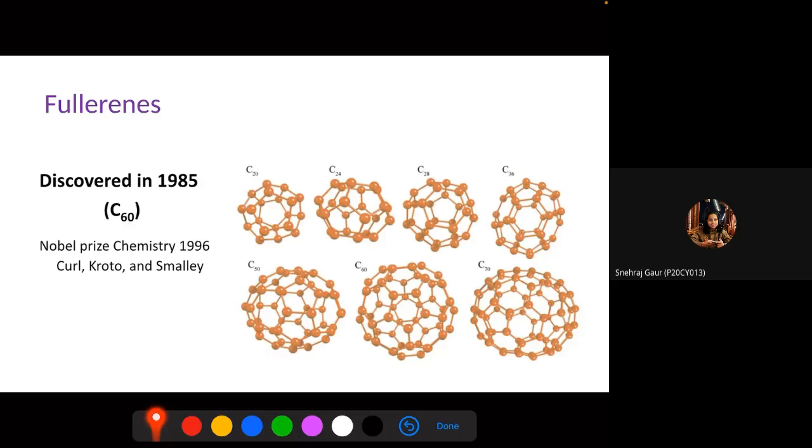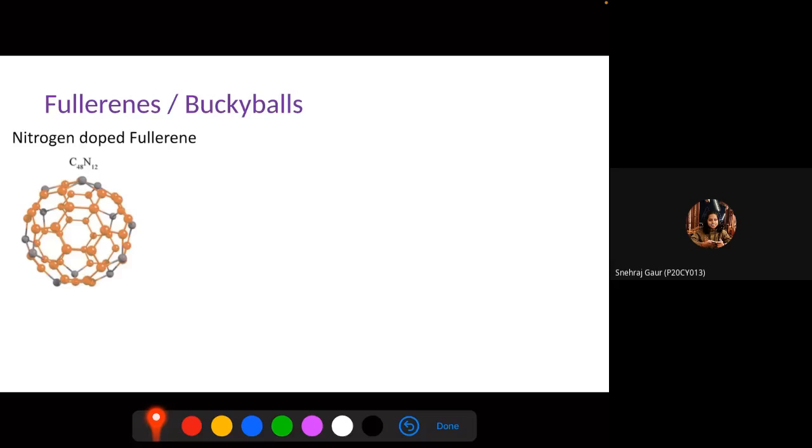But C60 is quite famous because you can dope these fullerenes with other atoms. For example, it is primarily doped with nitrogen. Nitrogen doping is quite common, and you can get really different chemical properties out of it.